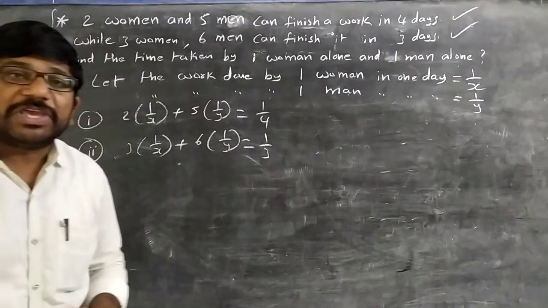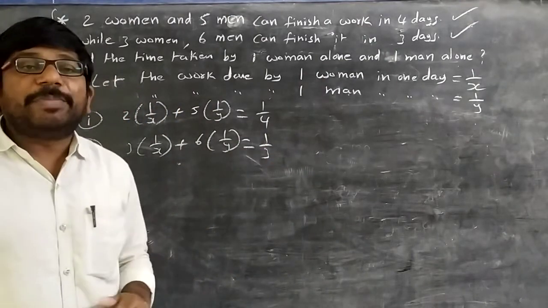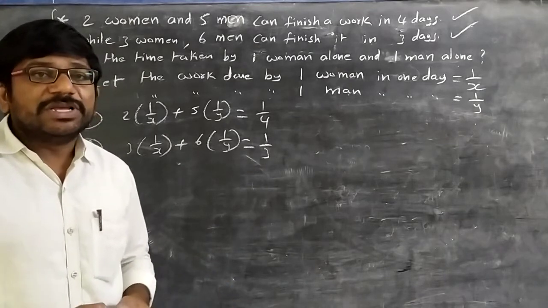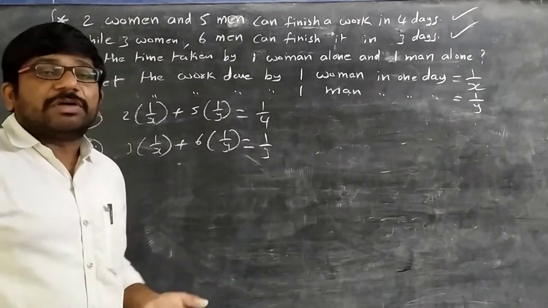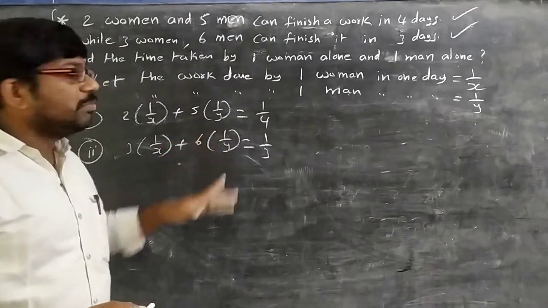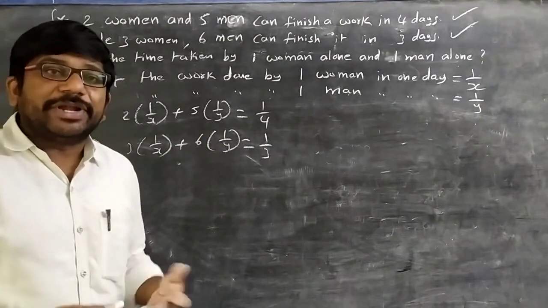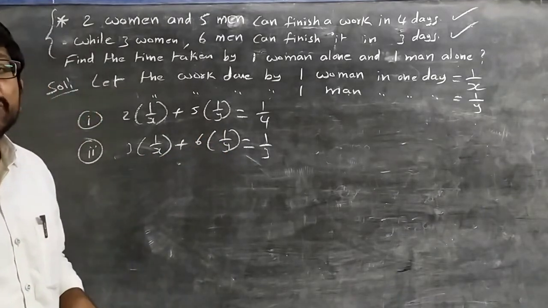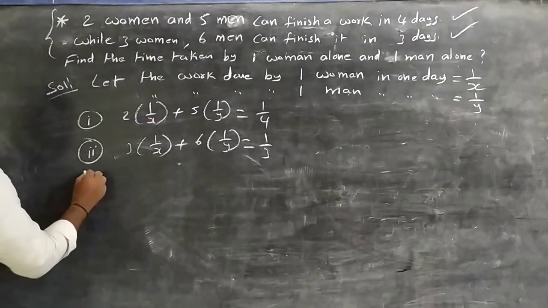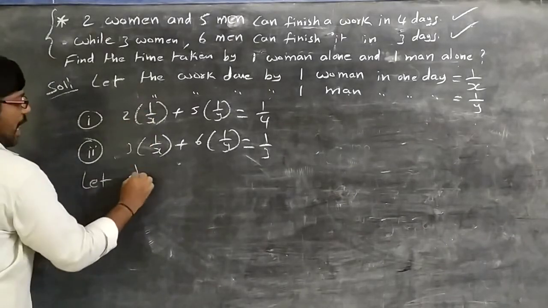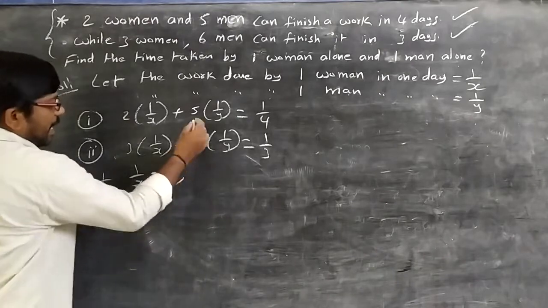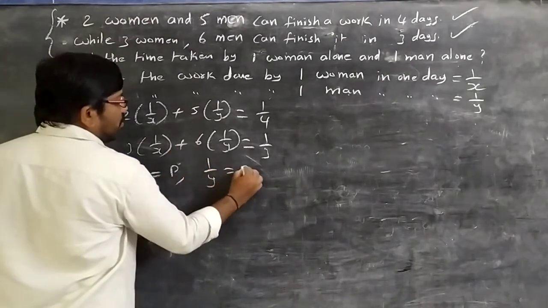So this is a pair of equations, but it is not a pair of linear equations. Now we have to convert it by substituting 1 by x and 1 by y, into a pair of linear equations in 2 variables. So let 1 by x equal p and 1 by y equal q.